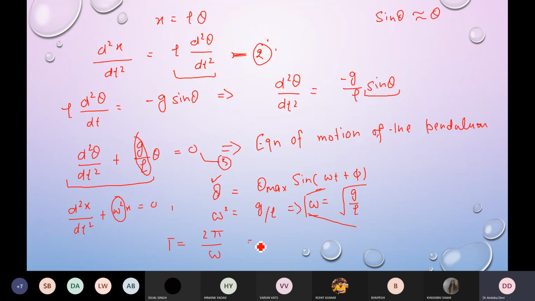So this will be 2 pi, and omega is under root of g upon L, so we take it up and it will be reversed. So this is L upon g. This is the time period of the simple pendulum. This is frequency, this is not under root, so don't get confused over here.